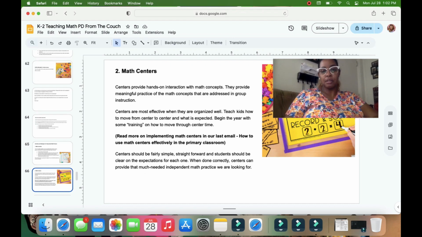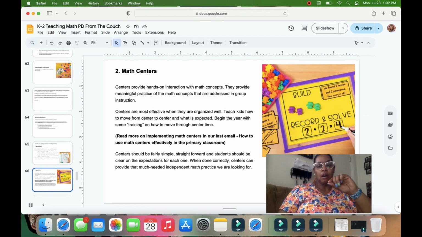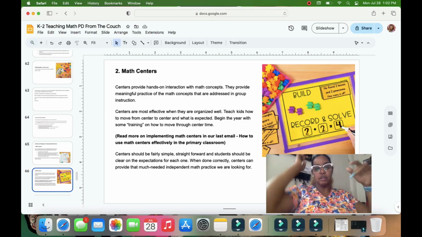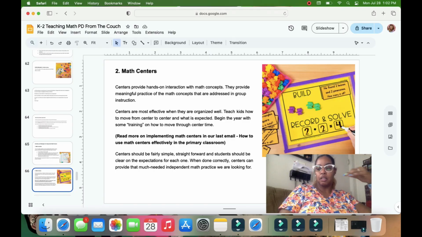Number two is math centers. The math centers that you put out can provide hands-on interaction with math concepts. They can provide meaningful practice of the math concepts that are addressed in group instruction. Centers are most effective when they're well organized. It teaches kids how to move from one center to the other, and of course what is expected.